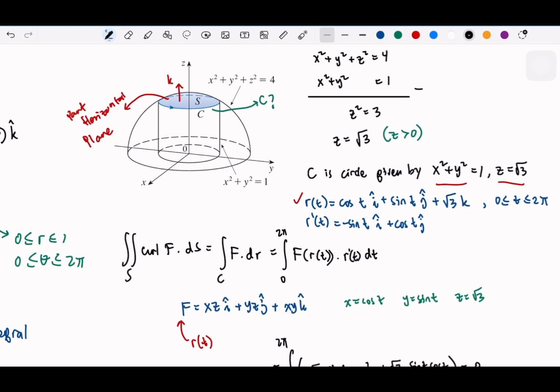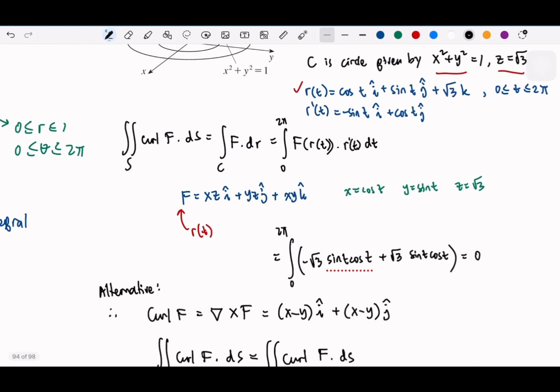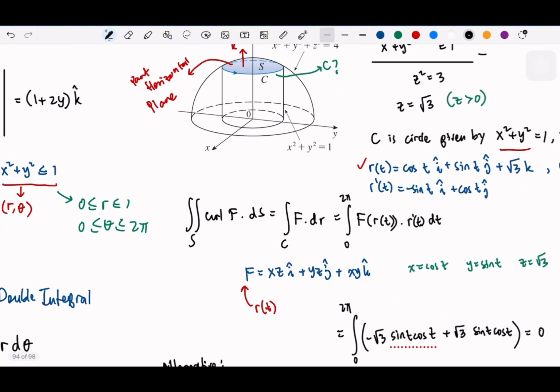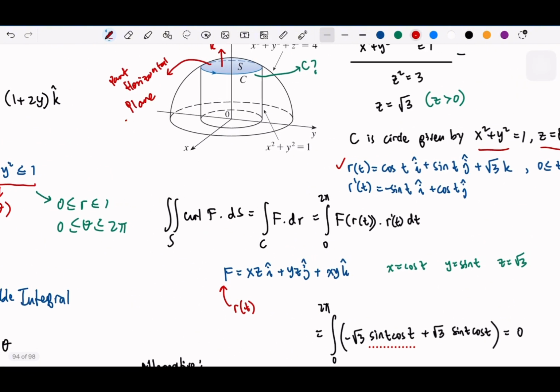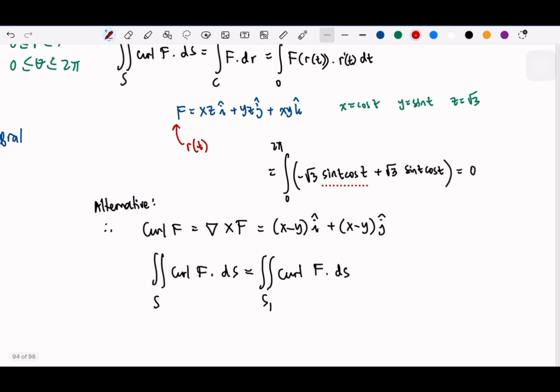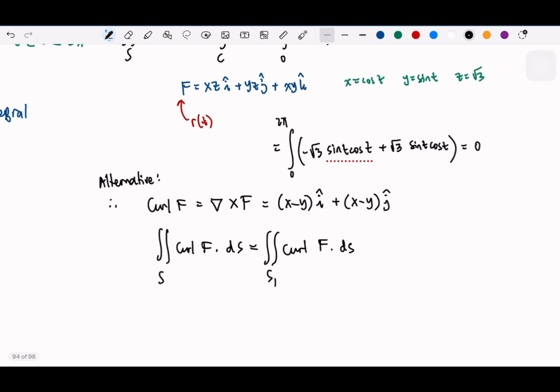That basically is the plane. Suppose that the plane itself is, let's say, S1, okay. And then this will be equal to, we can write with the curl f dot n dS. Okay.